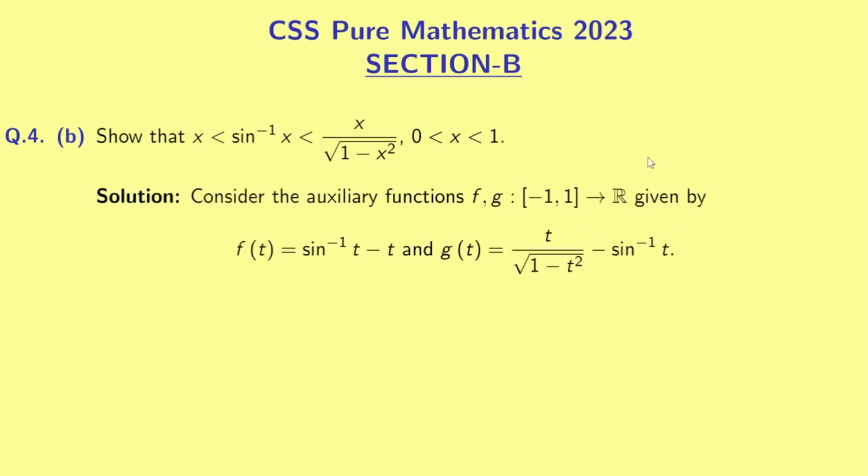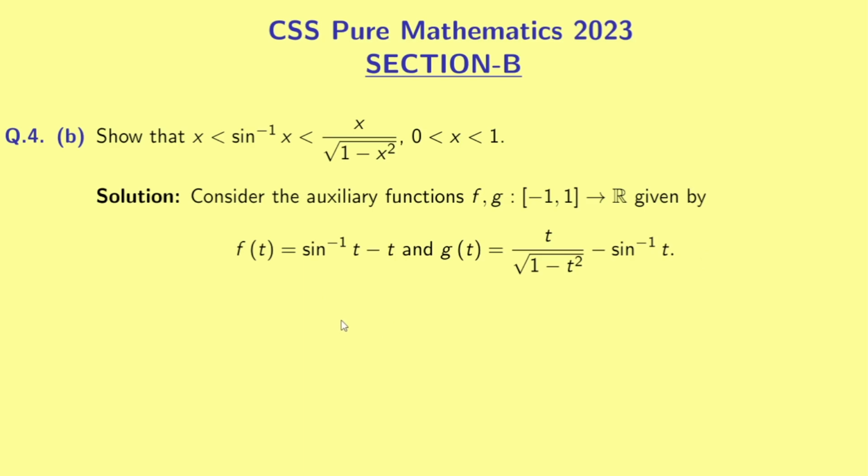So let us begin. First, we start by defining two auxiliary functions f and g, both defined on the closed interval minus 1, 1. f of t is sine inverse of t minus t, and g of t is t over the square root of 1 minus t squared minus sine inverse of t.